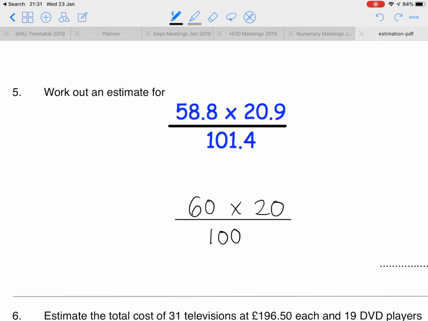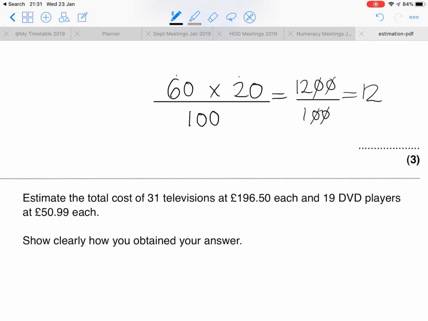It's got the choice of 20 or 30, because it's got to go to the nearest 10. So on the numerator, 6 2s make 12, 0, 0, 100 times bigger, and it's being divided by 100. Cancel, cancel. How many ones in 12? 12.